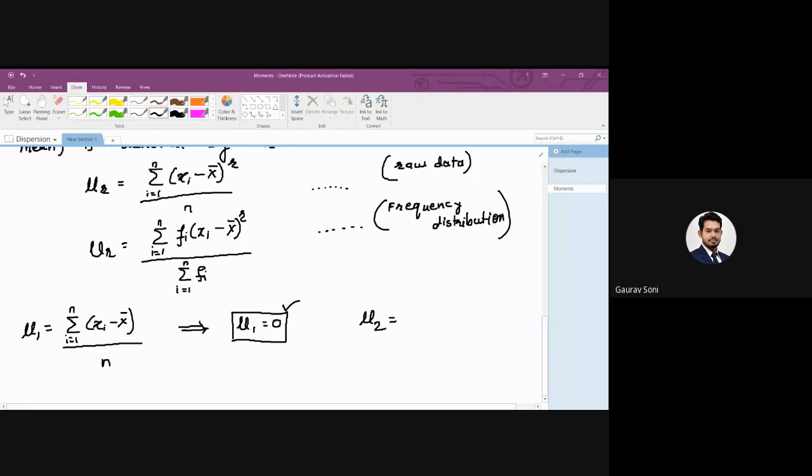Exactly, very good. So the formula for mu2 will be summation, i running from 1 to n, xi minus x bar square divided by n. This is the same formula which was for the variance, sigma square. So mu2 is variance.